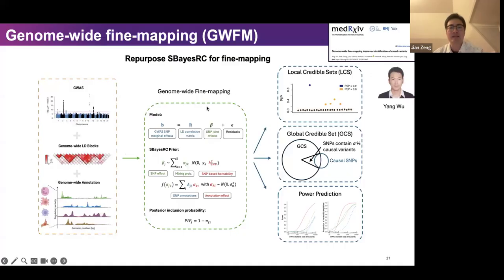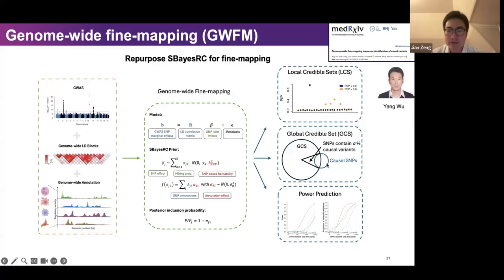We repurposed the SBayesRC used for prediction. Now we use it for fine mapping, and basically it's the same machinery. We can calculate the posterior inclusion probability as the probability that the SNP comes from the non-zero component, and we can construct the local credible set. We can also construct a global credible set, defined as the set of SNPs containing a certain proportion of the causal variants.